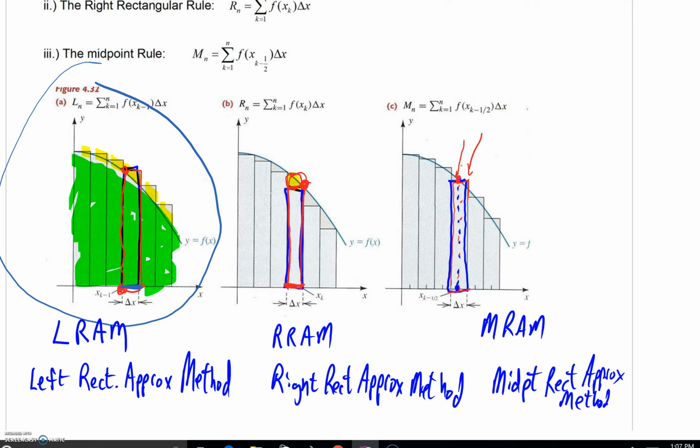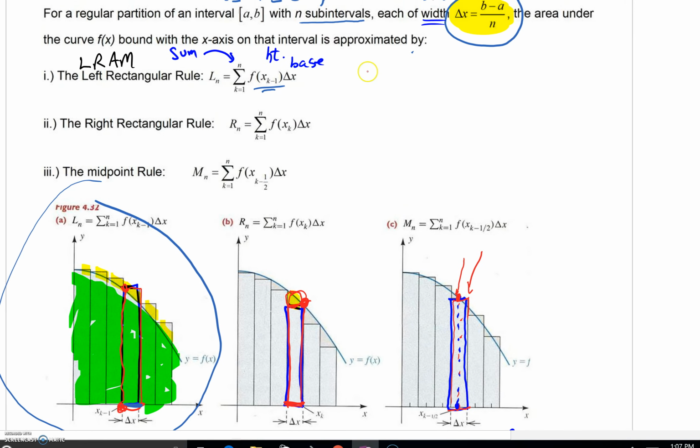And all three ways are valid. The College Board will ask you to do problems with LRAM, with RRAM, and with MRAM. All three. It's not like they'll say, we're only going to do MRAM. No, we're going to do all three. But this is just the preliminary point. You're going to notice that all of these methods look oddly close. They all have a sigma.